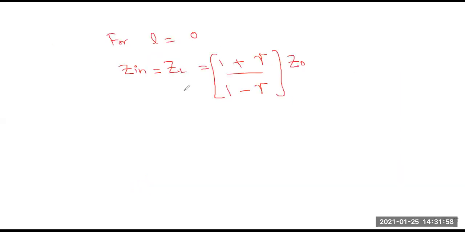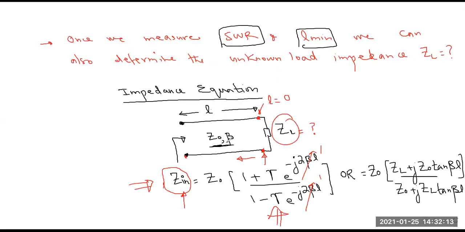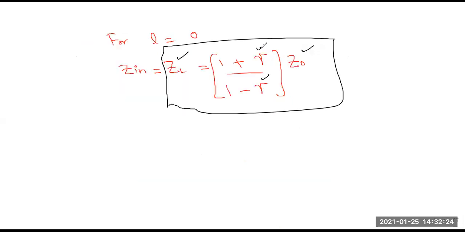So now this equation is going to help us. If I want to find ZL, of course, Z0 is always known. The transmission line that we have connected with the load, its properties will be known to us. So Z0 is known to us, beta is also known to us. The only thing that is unknown in this equation is gamma. Once we know gamma, we will be able to find out ZL.